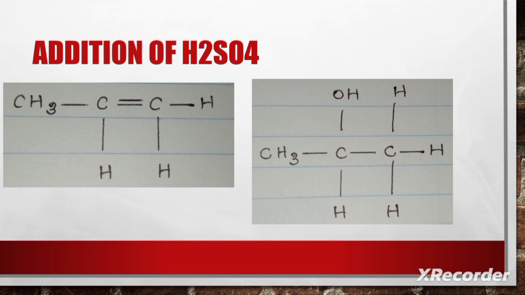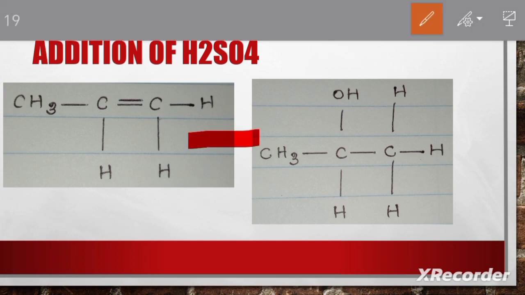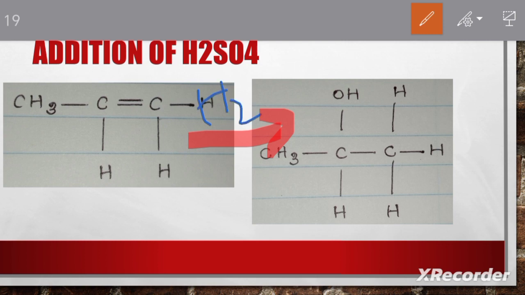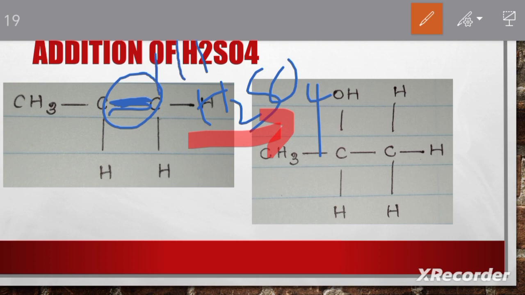Then addition of H2SO4. Like this, we have to indicate it in this way, addition of H2SO4. If we add an H2SO4 molecule to an alkene, this double bond breaks and forms a single bond here, and one hydrogen and one OH join to the carbons.